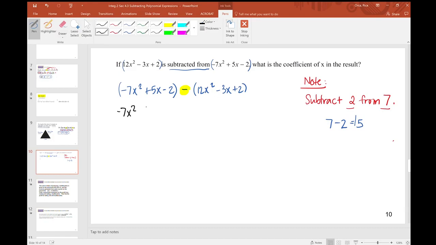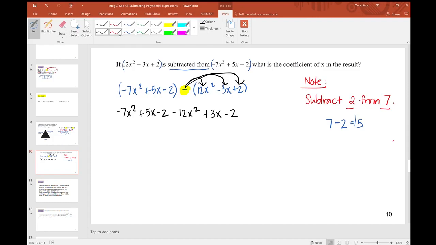Write this as negative 7x squared plus 5x minus 2. In the second trinomial, we have the negative on the left side of our parentheses, so let's go ahead and distribute that negative in. Negative 12x squared, and then the negative times negative 3x is positive 3x, and the negative times positive 2 is negative 2.